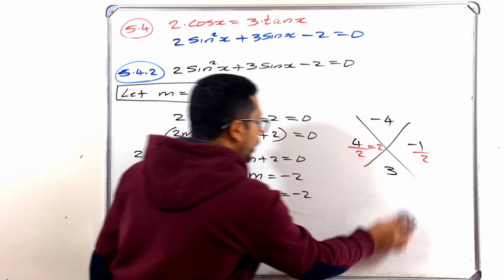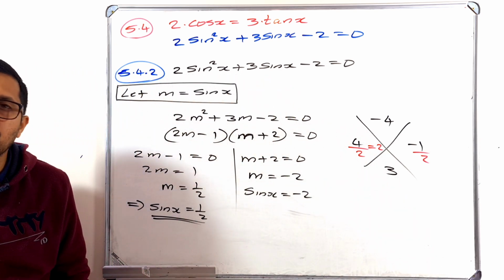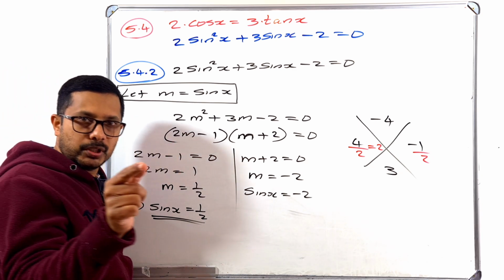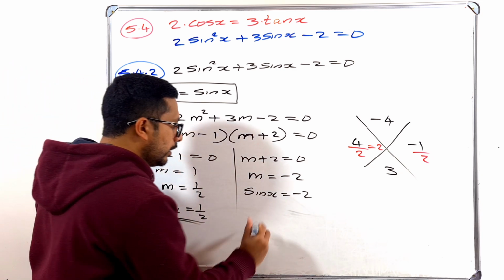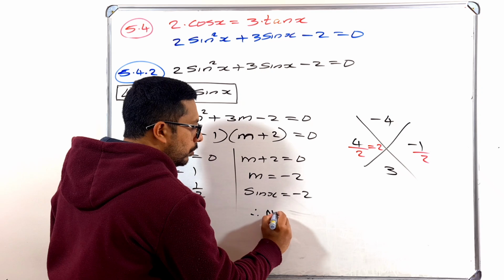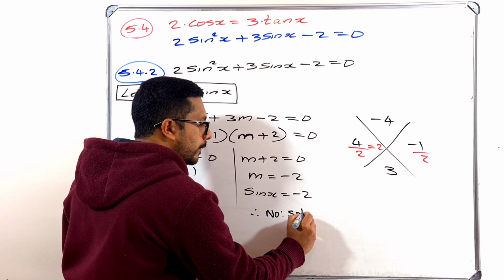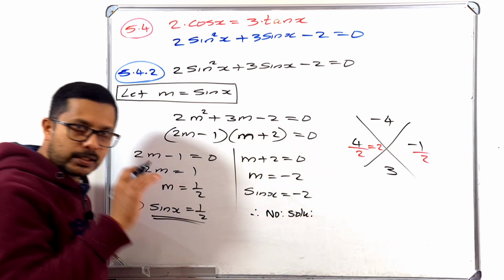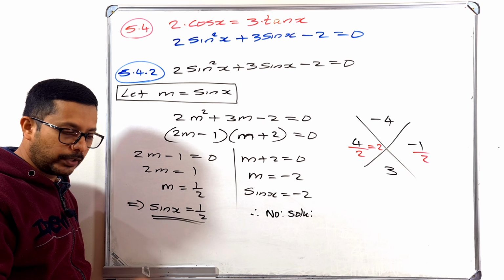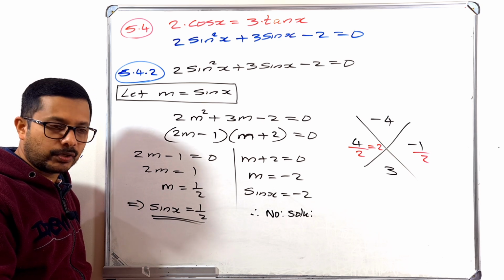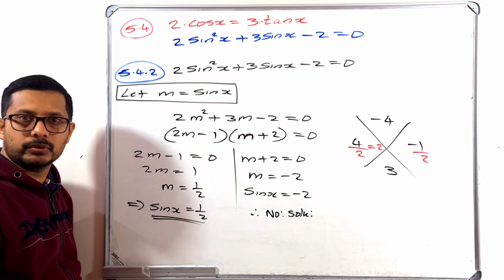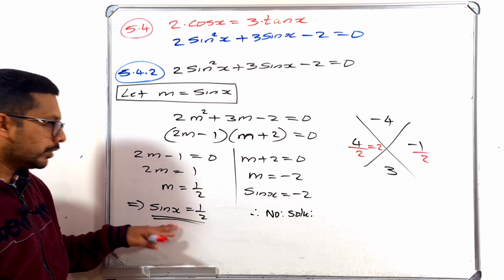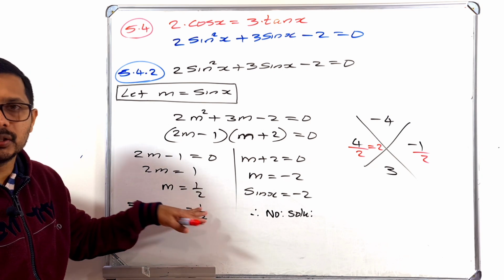Sin x is equal to minus 2 means that it is not between minus 1 and positive 1. Therefore no solution, because the maximum value of sine is 1 and the minimum value of sine is minus 1. So minus 2 gives no solution. Now we have to think only about sin x is equal to half.